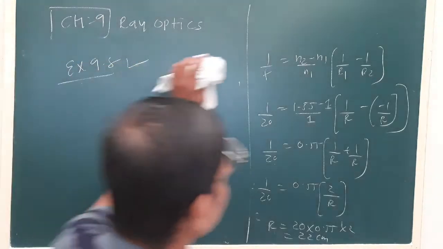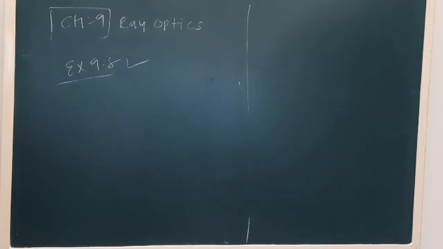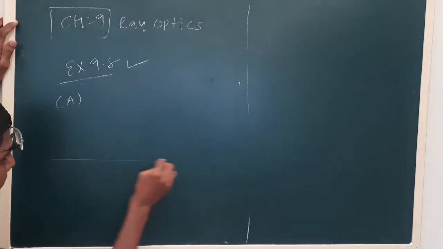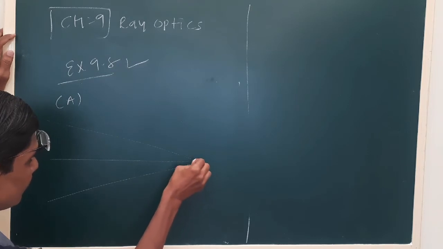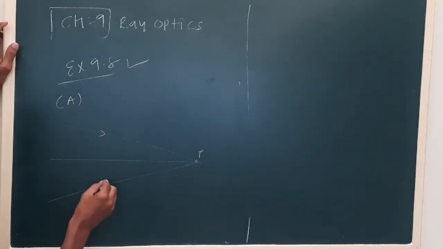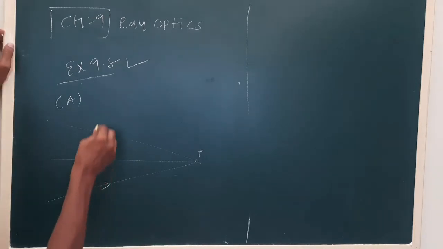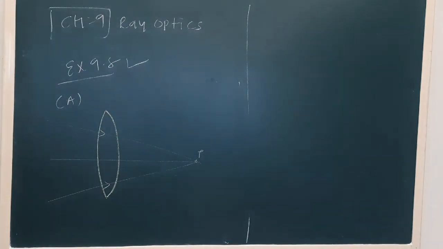Now this is very interesting. Now see here, the question is divided into two parts. Let us say two rays, emanating from a source, meet at point P. Now suppose we place a convex lens in their path.